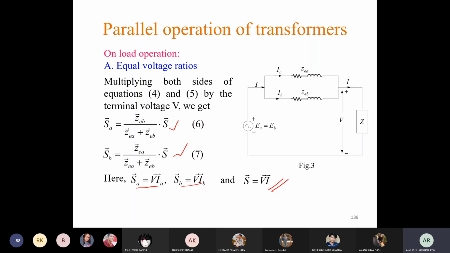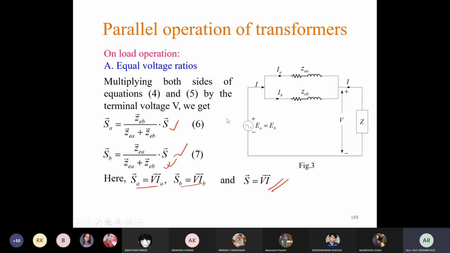So here SA is equal to ZEB by ZEA plus ZEB into S, and SB equals to this. Okay, so SA is actually the load voltage into the current shared by transformer A, and SB is equal to load voltage into the load current shared by transformer B.